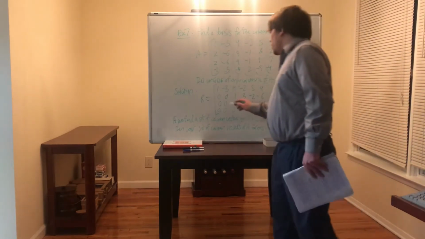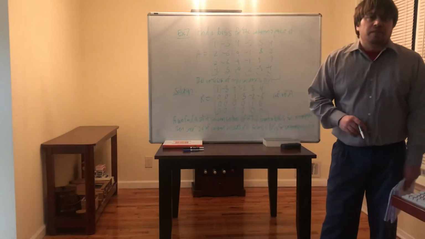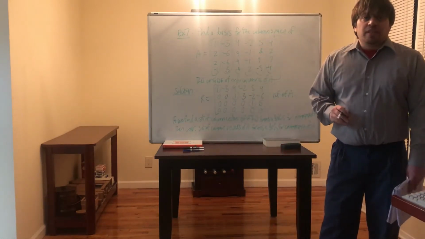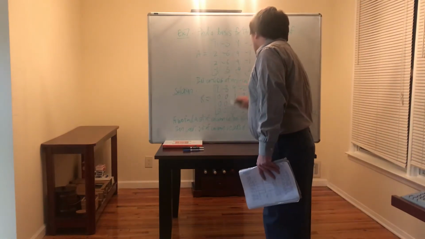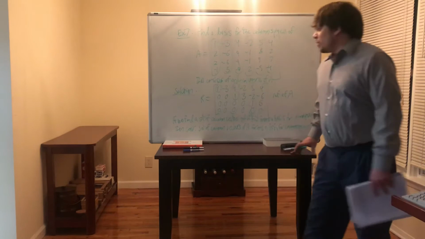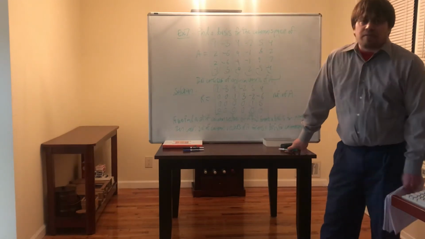But we know what those are. We know what the leading ones of R are. And so by previous theorem, the columns of R that contain all the leading ones of the matrix form a basis for the column space of R.